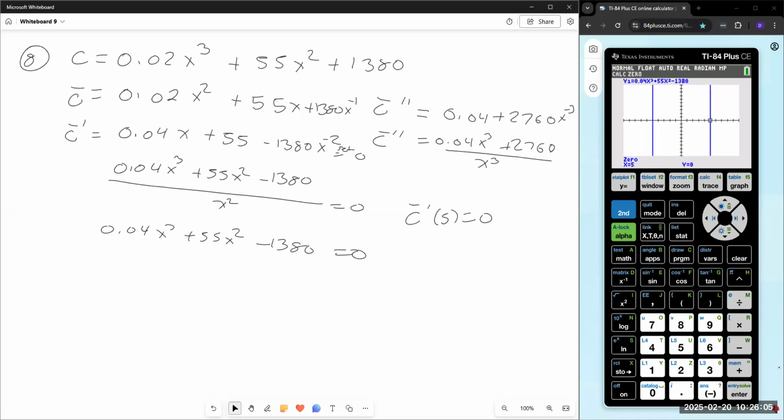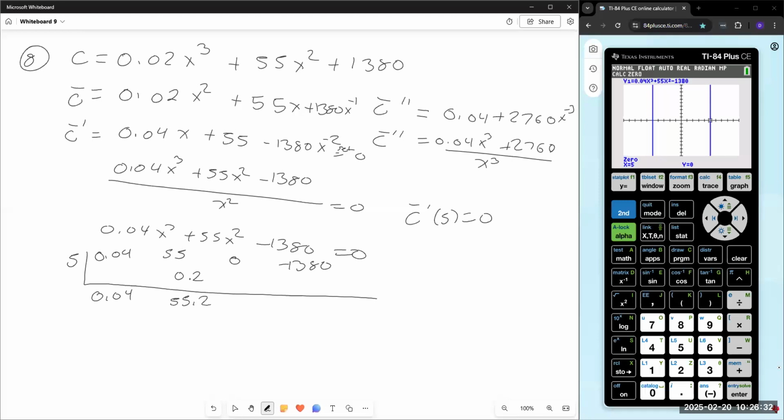So let's see if there's any other zeros that are interesting. 5 on the outside, 0.04, 55, 0, and negative 1380 will be 0.04. That's 0.2, 55.2.